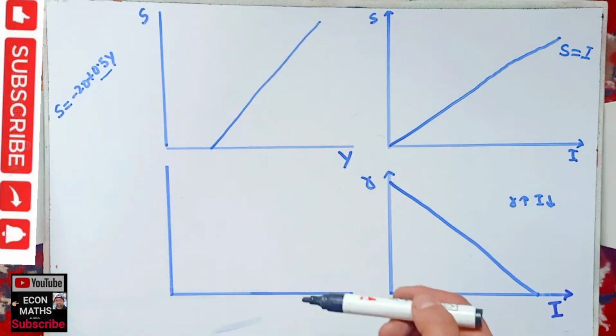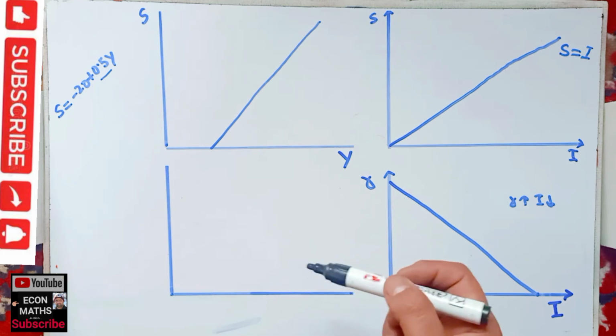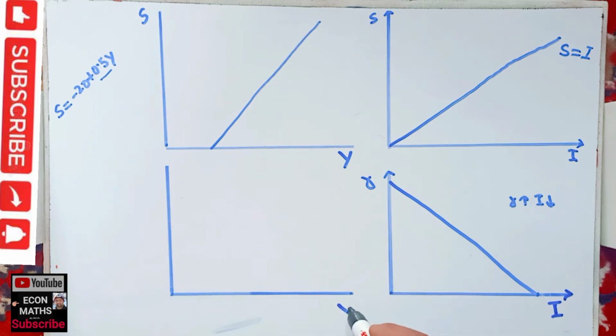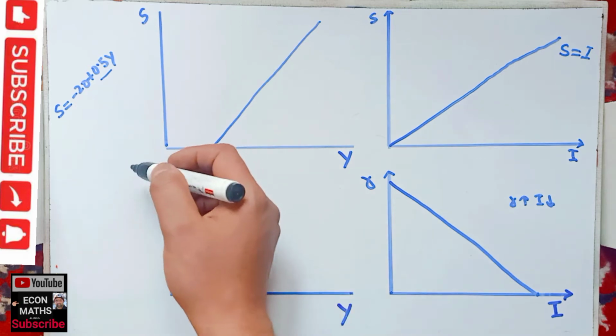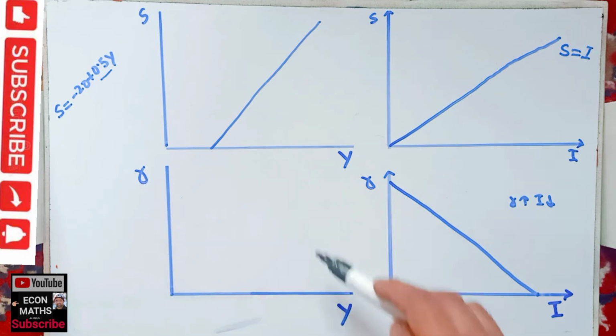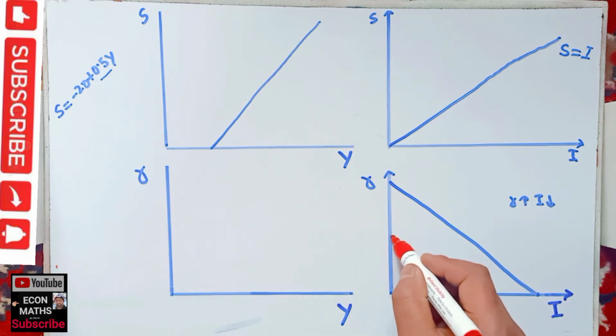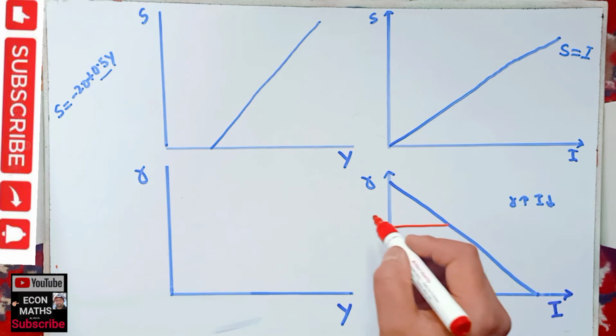And lastly, in the fourth quadrant, we actually derive the IS curve. On this axis we have the level of income, and on this axis we have rate of interest. We take this interest and this very income. Now let's take an example. Let us say, for the sake of simplicity, that we have an interest rate of 3% or 4%.